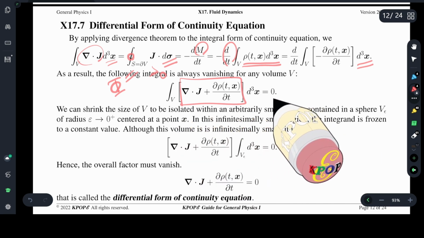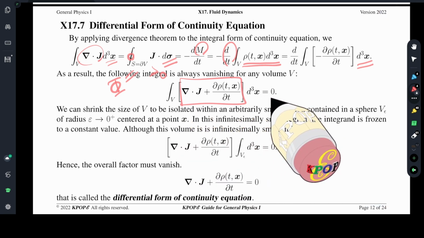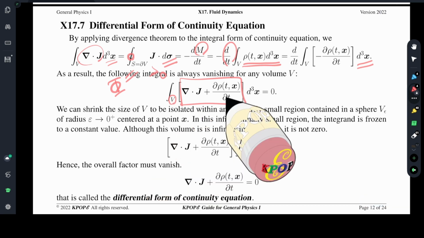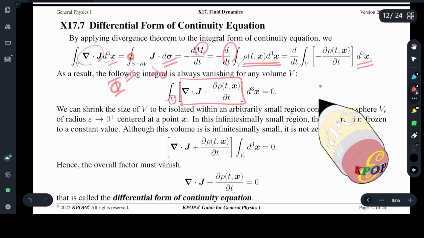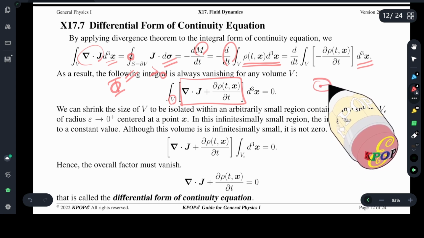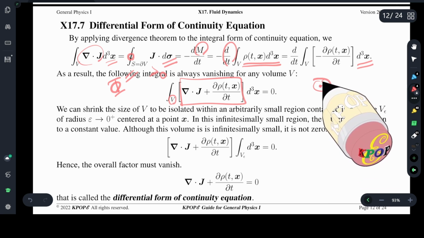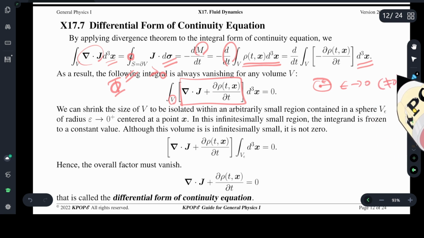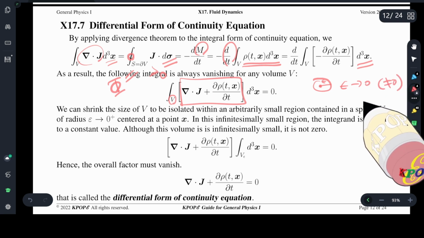This integral is always vanishing now, for any volume. So let me decrease this volume into a tiny region with a radius epsilon, and take epsilon going to 0, but it is not equal to 0. It's infinitesimally small, but it is non-vanishing.